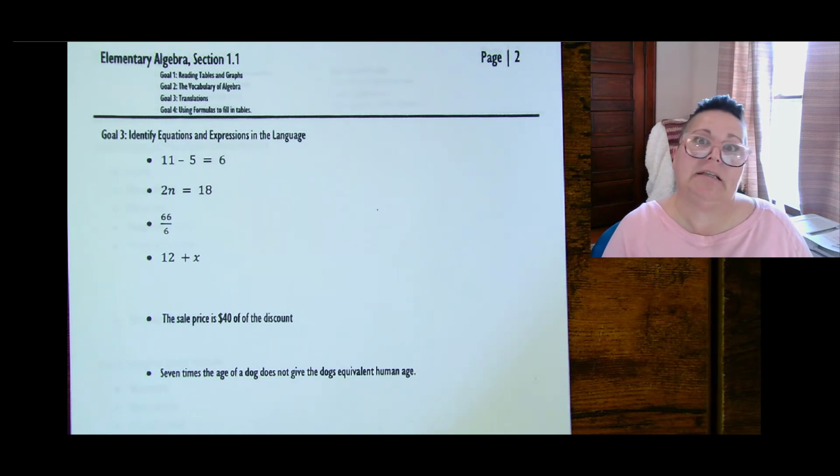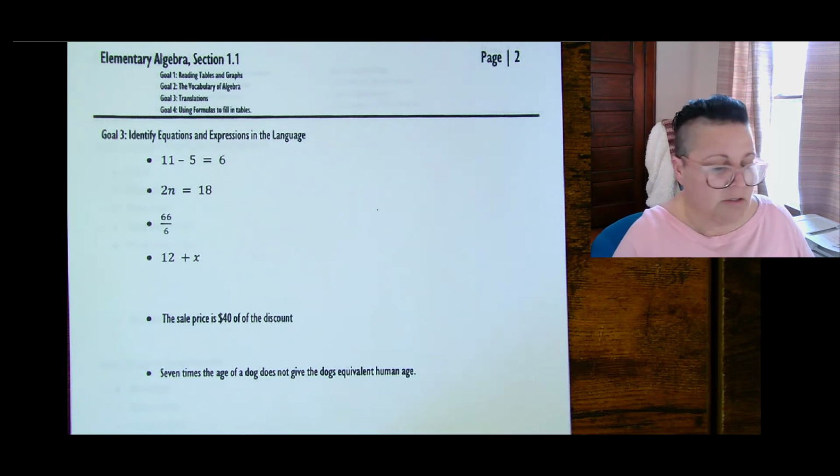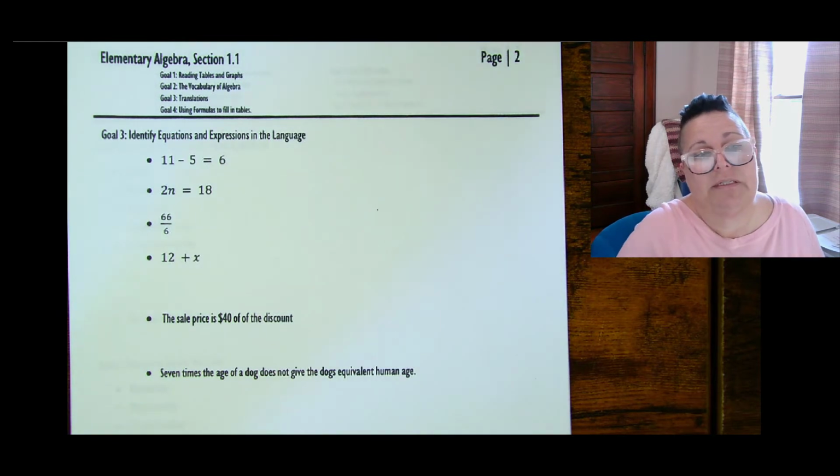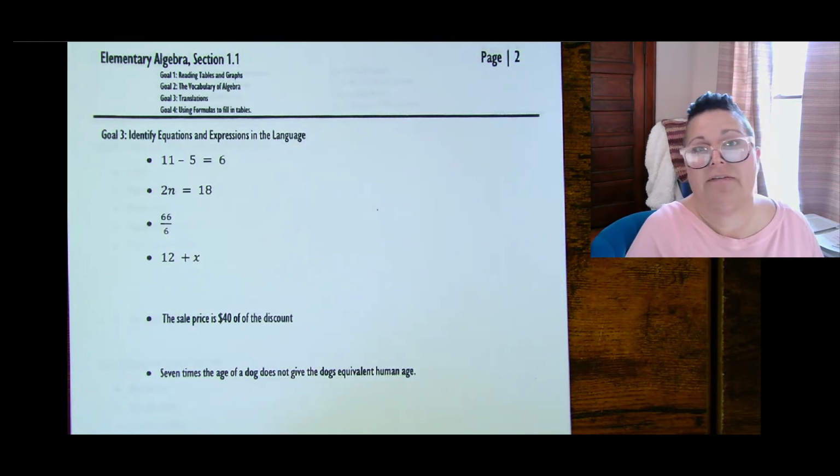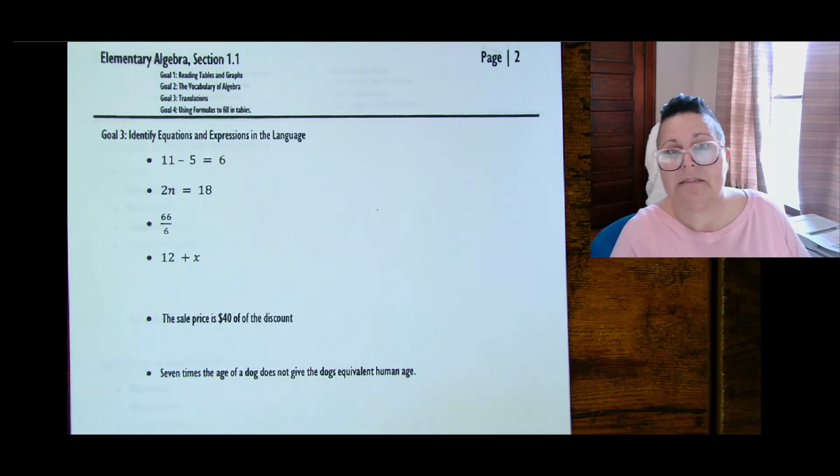Ideally, we would use some of the words that we just went over. This is an equation, and we have an 11 minus 5 and a 6. So it is acceptable to say that this is, in a language, 11 minus 5 is equal to 6.